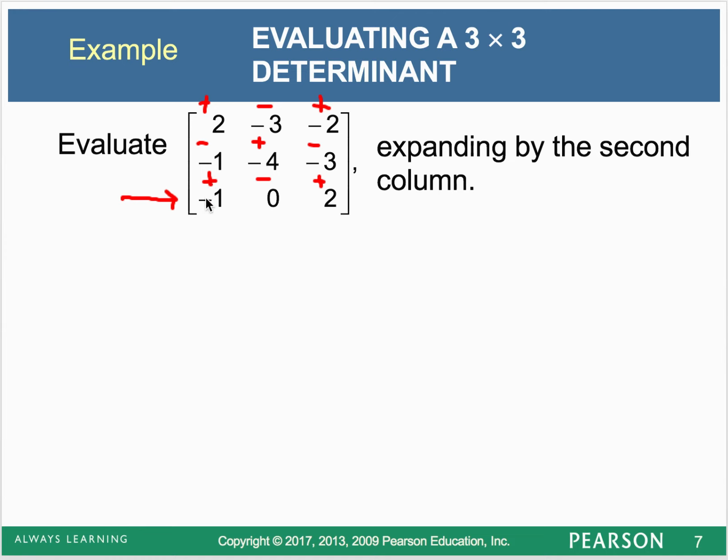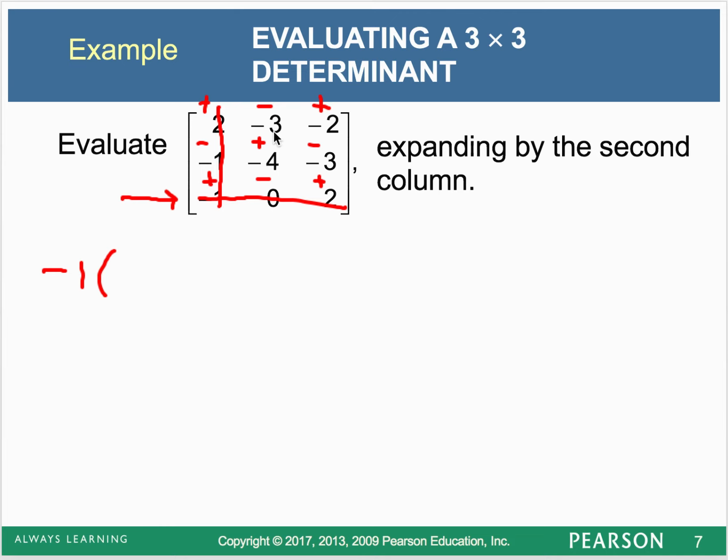So I've got a plus -1, so -1, and then I'm going to mark out the row and the column that this -1 is a member of. And notice then that's going to leave a 2 by 2 matrix. And so I'm just going to evaluate the determinant of that 2 by 2. Now this is why I say if you put your plus and minuses everywhere, it may get confusing, right? So I usually just do it on the row or the column that I'm interested in.